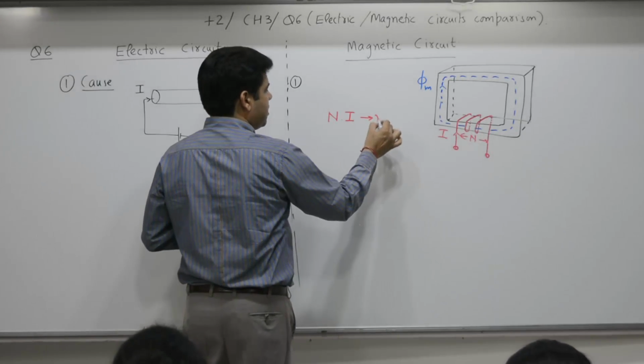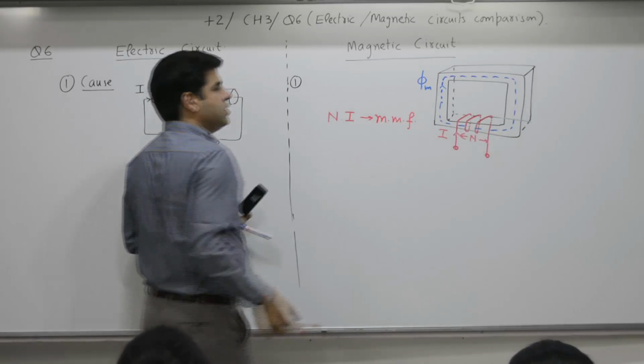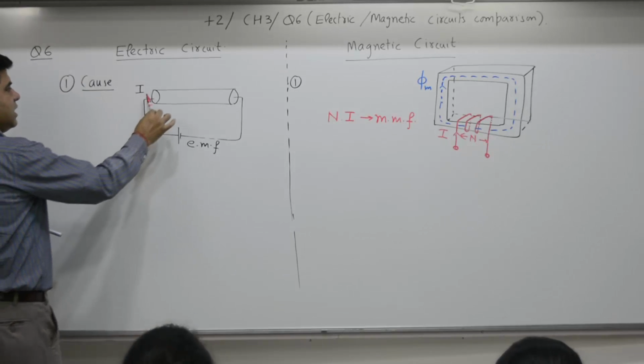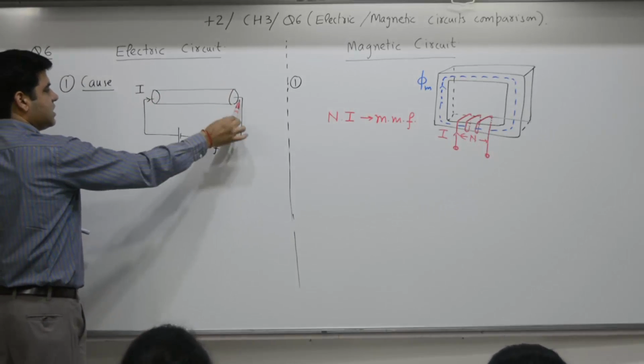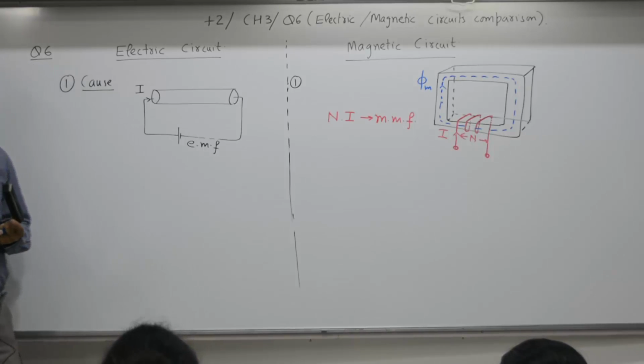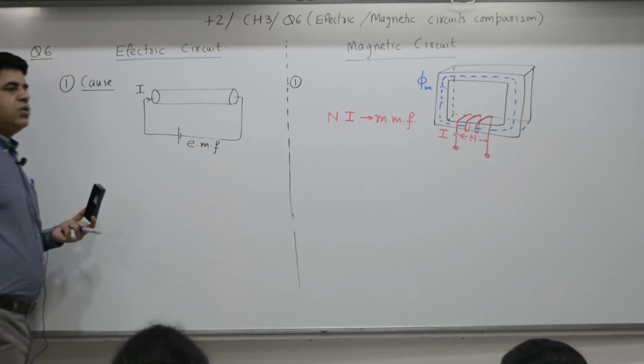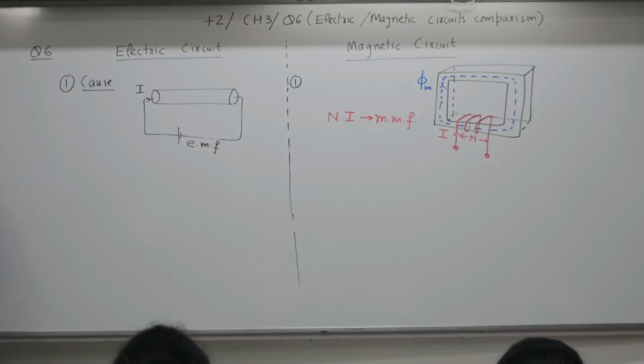It is termed as magnetomotive force. In an electrical circuit, what causes flow of current is EMF, electromotive force. Here what causes flow of flux is MMF.